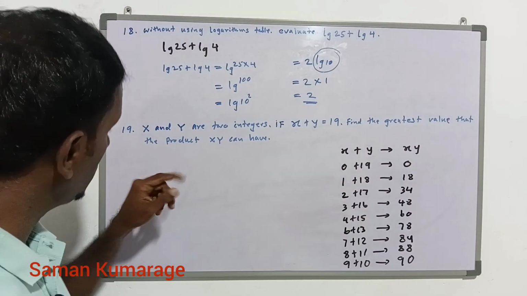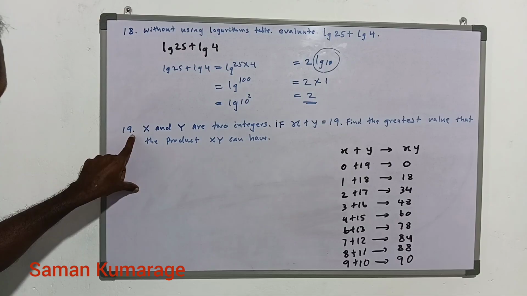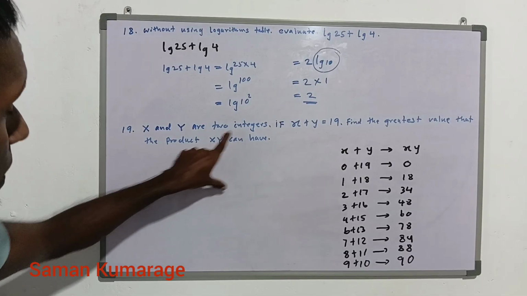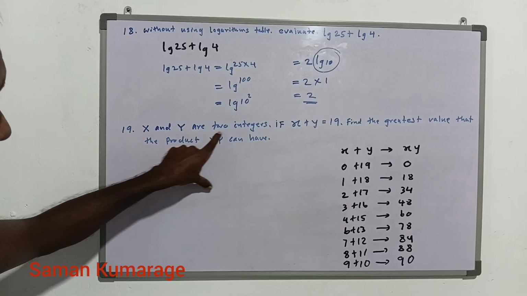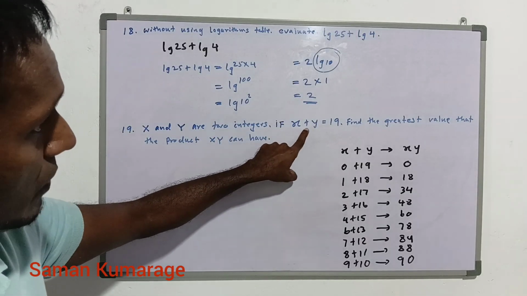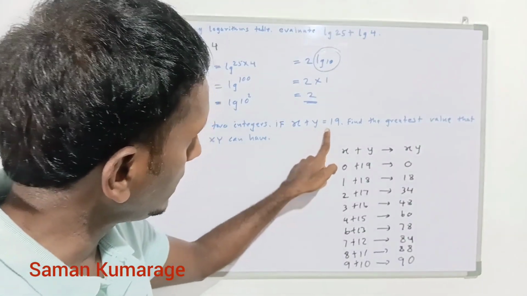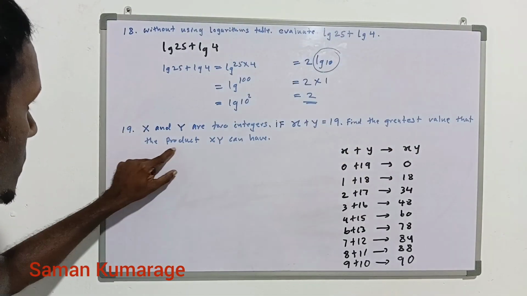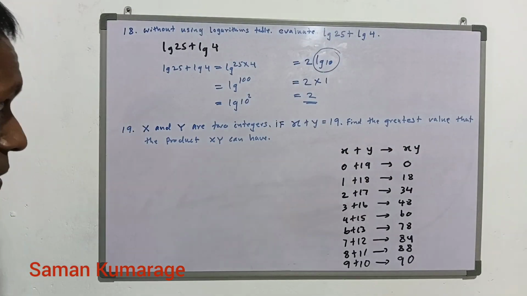Next, question number 19. x and y are two integers. If x plus y is equal to 19, find the greatest value that the product xy can have.